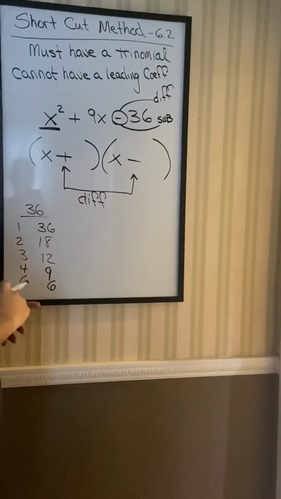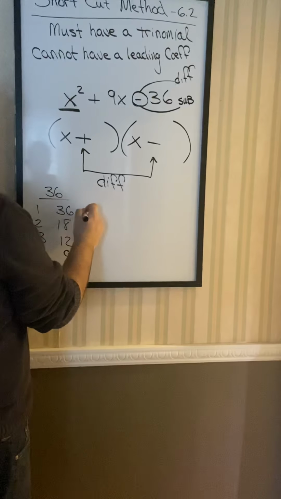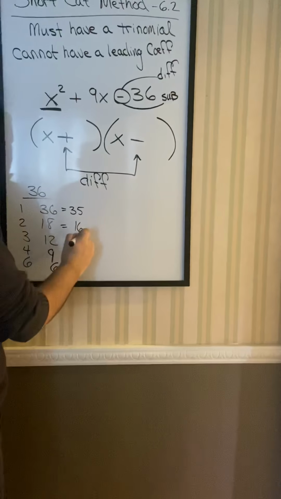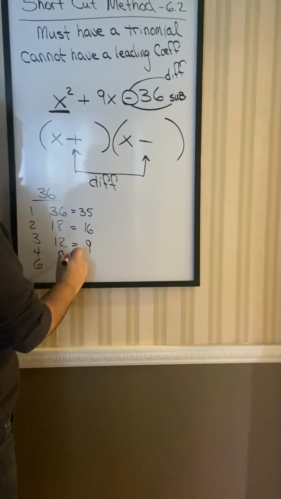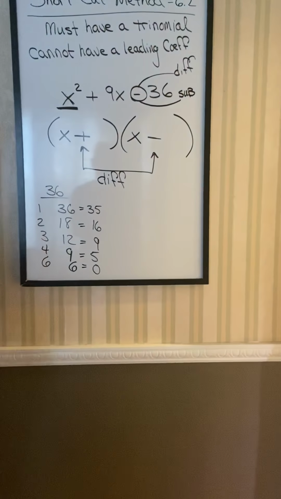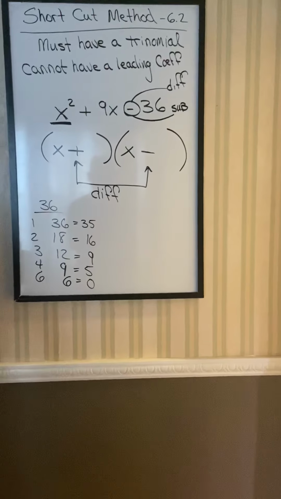That means we're going to subtract each of these combos here. So when I subtract, I get a 35, a 16, a 9, 5, 0. If this was a plus sign, then we would have added the combos. Okay, pretty simple for step 4.